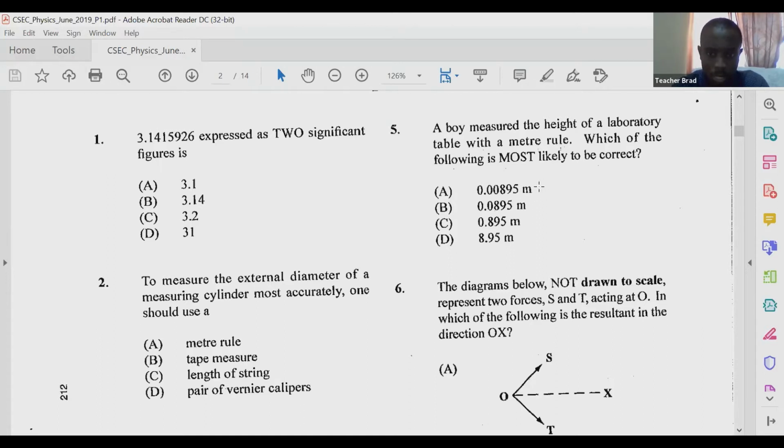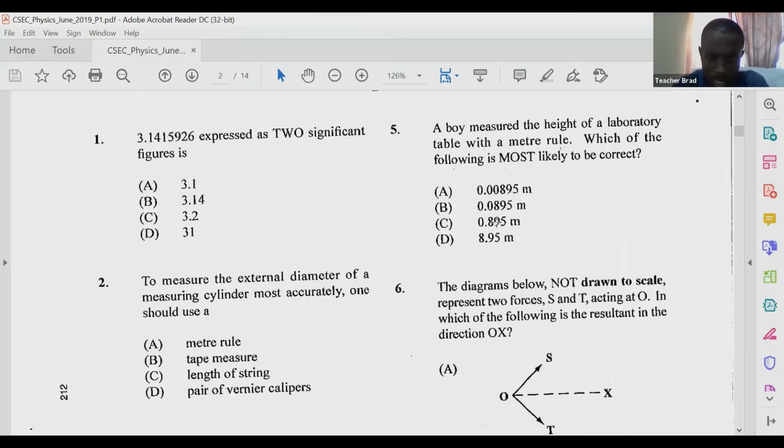So we could say no, that wouldn't be correct. And then we look at B, 0.0895. That's again really small. That's about 8.9 centimeters. That's really short for the height of a laboratory table.